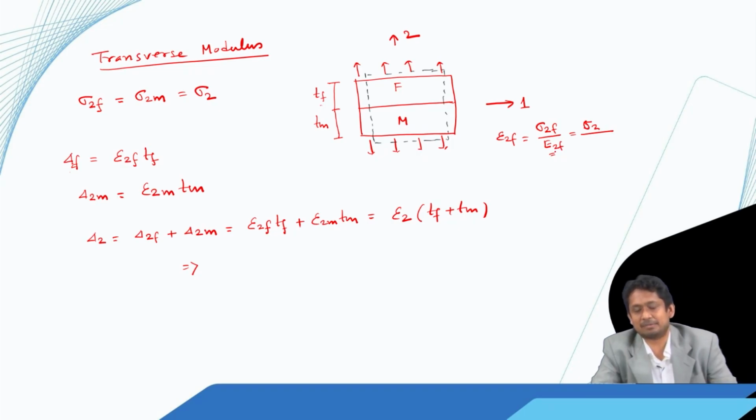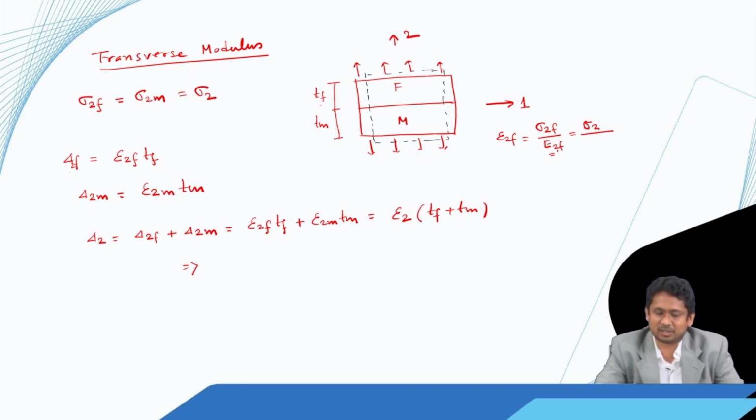Again, as we discussed, the fibers can have different elastic modulus along direction 1 and 2. So, we denote it with a suffix 2. Similarly, epsilon 2 m we can define as sigma 2 m by E m, and that is sigma 2 by E m.